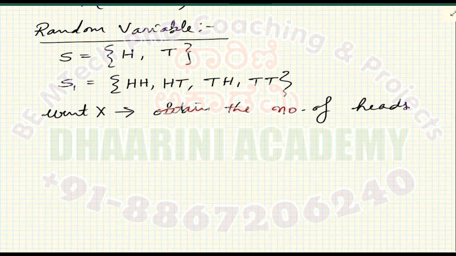If that is the case, see, your result is like this. X could be 2 when you get 2 heads. When you get HT or TH, the number of heads is 1. When you get tail tail, your answer is 0. My problem is solved.